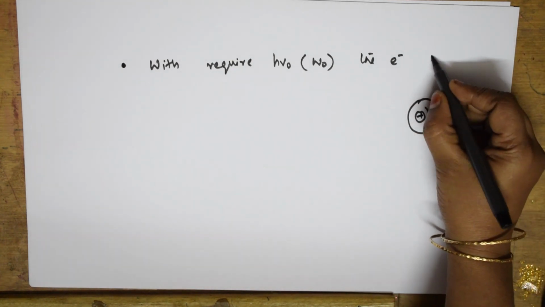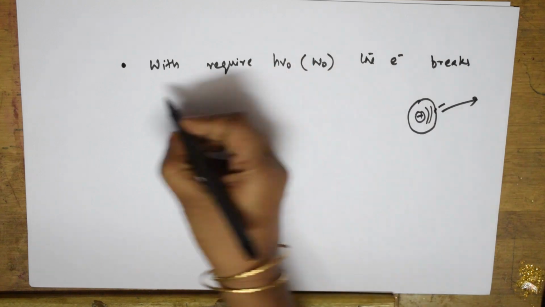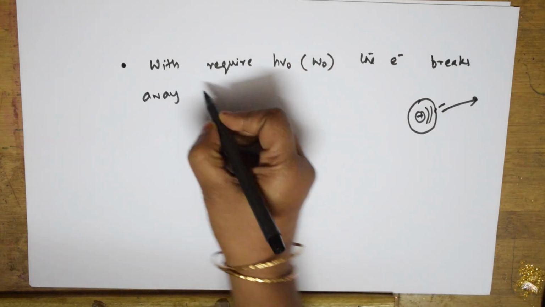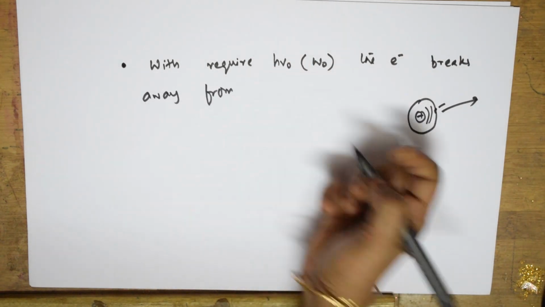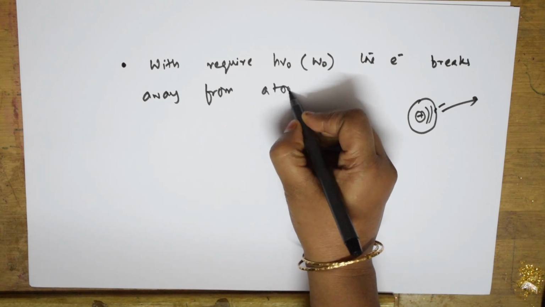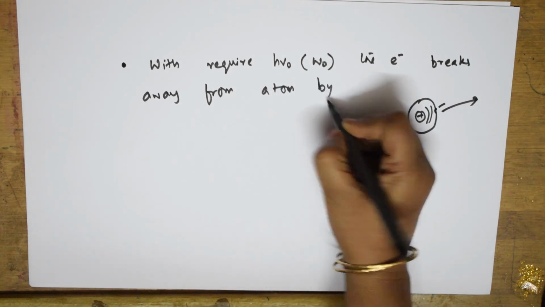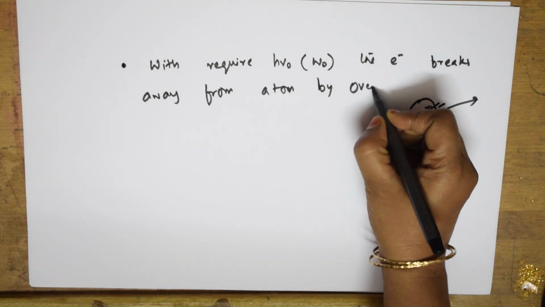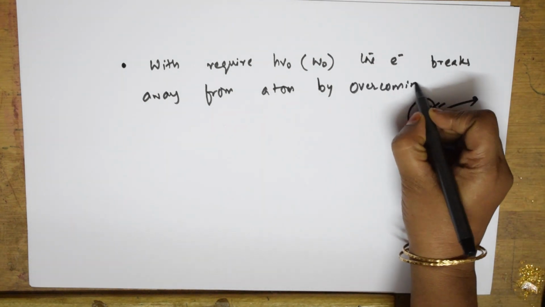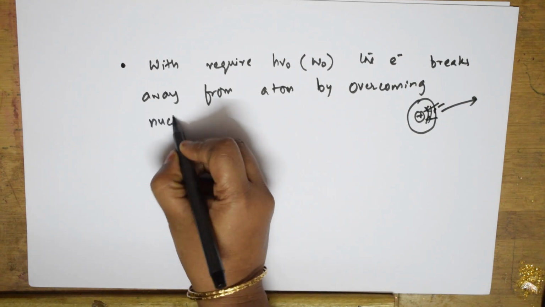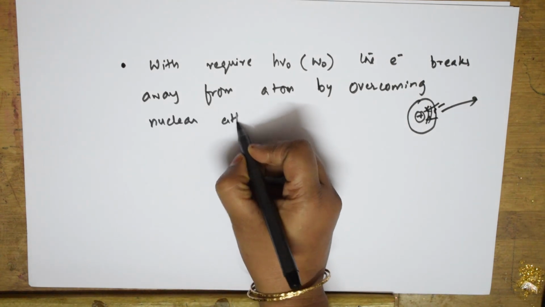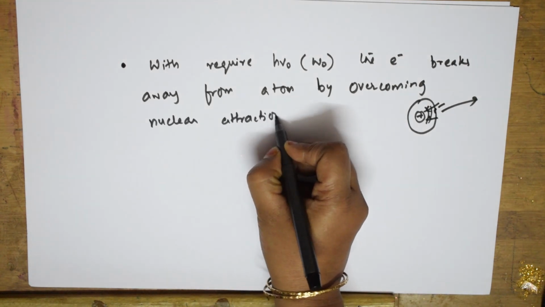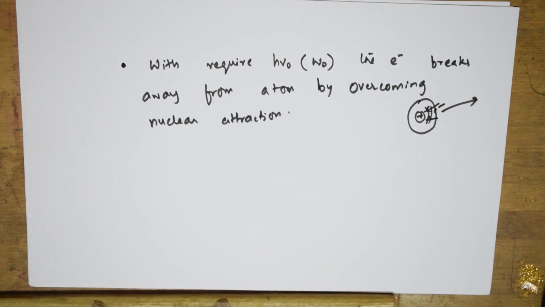The electron breaks away from the atom by overcoming nuclear attraction, because the proton also drags the electron inside. This is important. It has to overcome all the nuclear attraction, then only it is going to eject out. Without overcoming this, it will not come out of the atom.